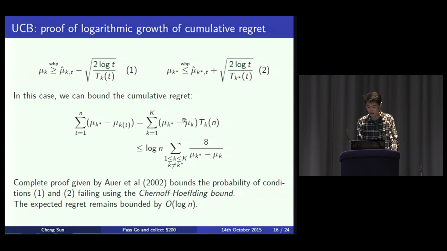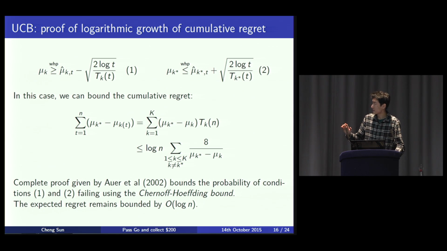So we get this expression, and then we just substitute our inequality that we obtained for the number of times that we pull any suboptimal arm k. And for summing over all the k's that are not the optimal arm, we get this. So you can see that as n, the number of arm pulls increases, the cumulative regret is bounded by a constant specific to our bandit setup, multiplied by log of n.